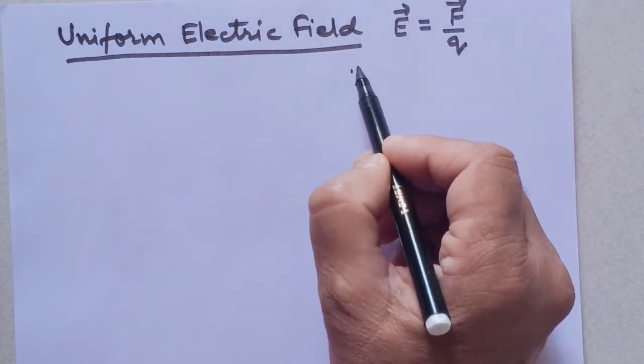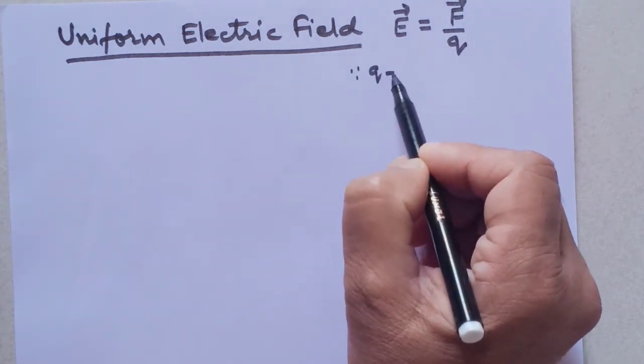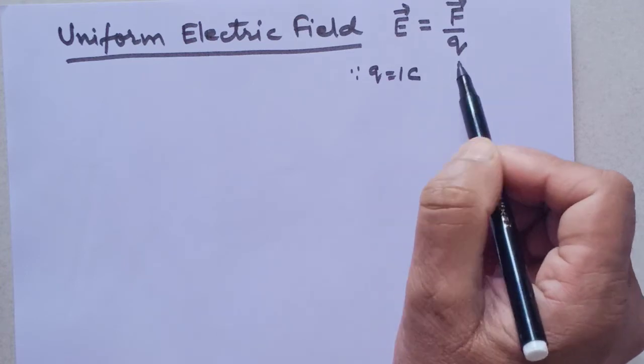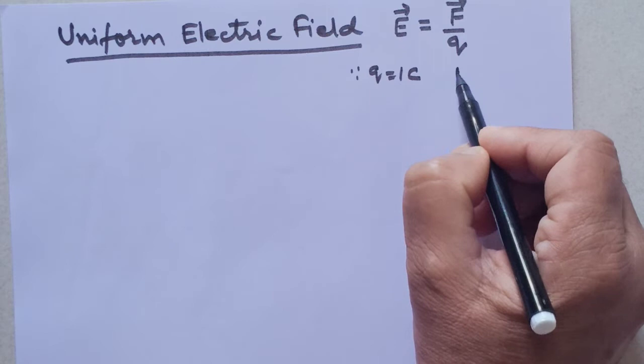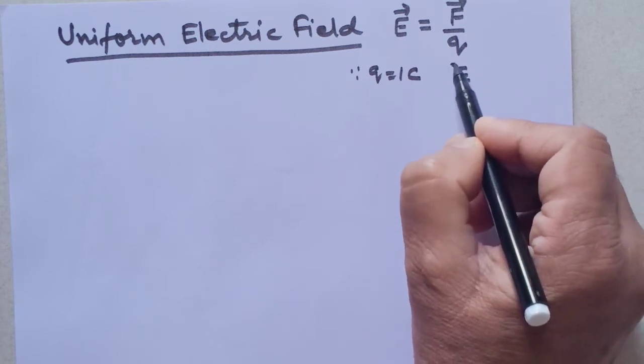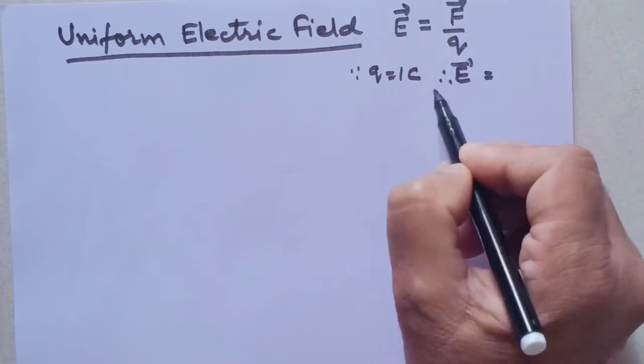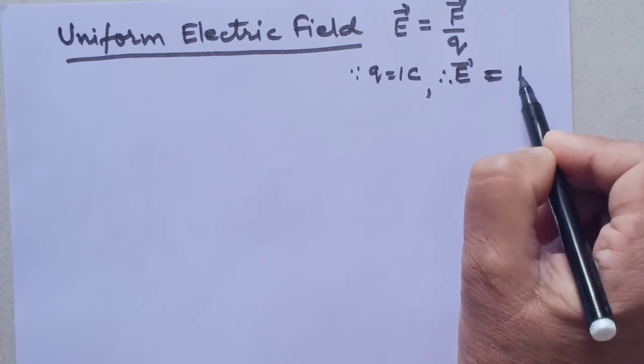Now if Q is equal to 1 coulomb charge is kept, then this E comes out to be equal to F.